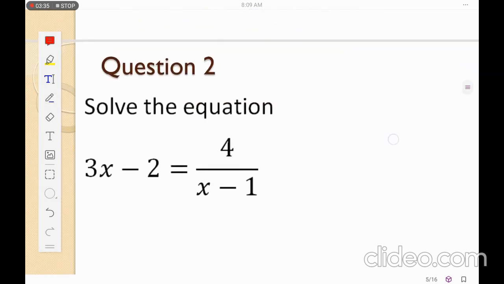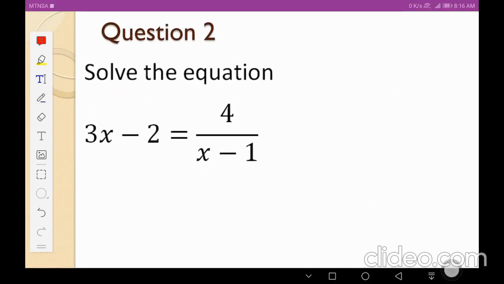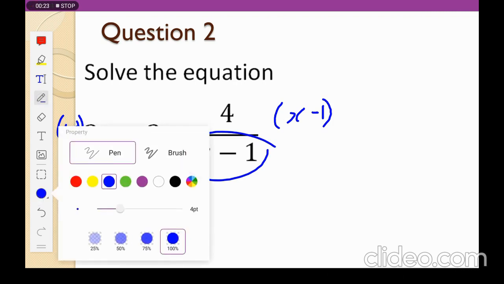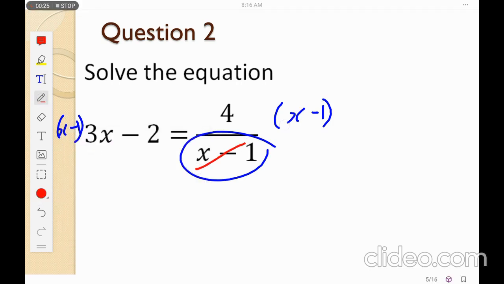Let's go to another question. Let's look at question number 2 now. For number 2, we can multiply both sides by x minus 1. We want to remove this so that on the right side, this will cancel off with that one.